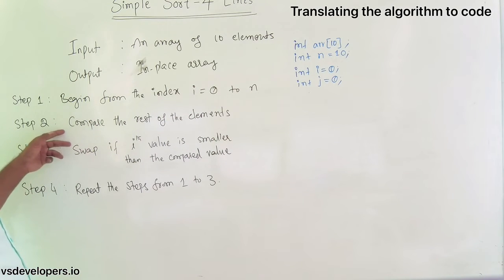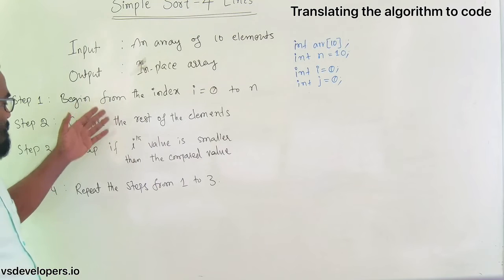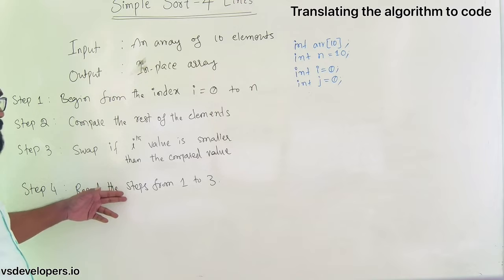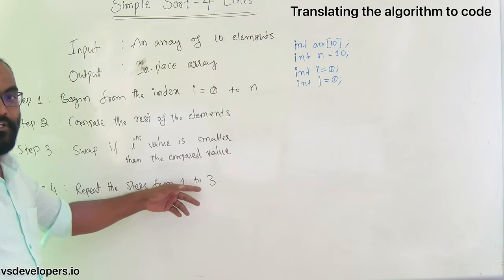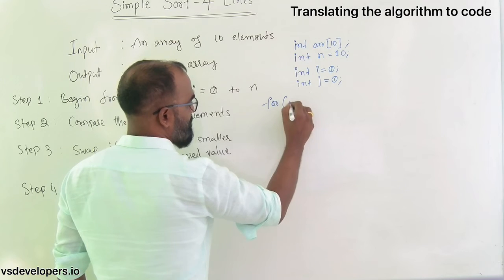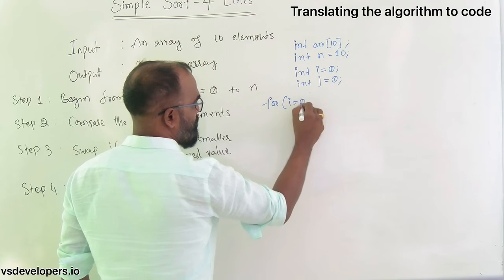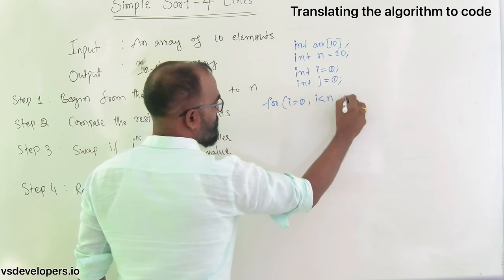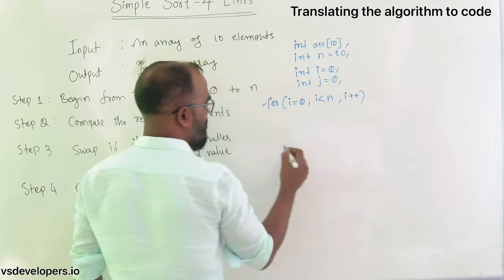Now, we say we have to begin from there and then compare each of the elements and then repeat step 1 to 3. So in order to repeat from step 1 to 3, what do we need? We need a loop. Right? So for i equal to 0, it goes until n elements, and each time the i is incremented by 1.